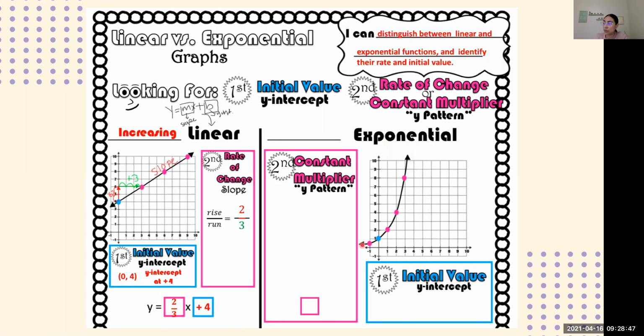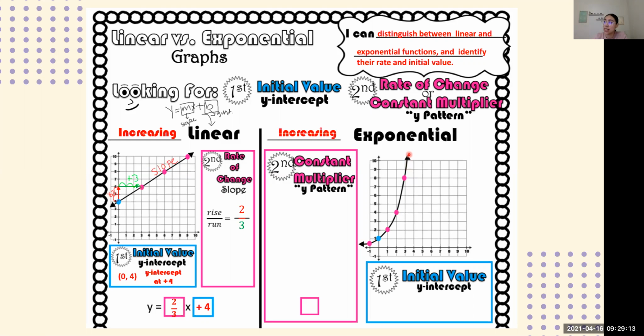Now, what you do want to know is that when you read a graph, again, you start on the left side. If you start on the left side here, follow it to the right side, think of the movement you're making. You're coming up. It's like going up a mountain. When you're going up a hill, we're getting higher.